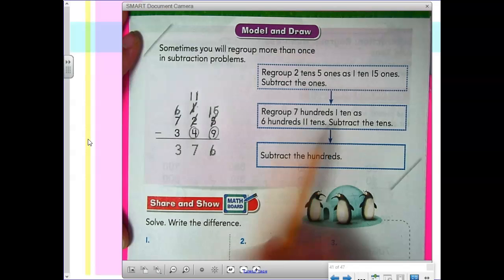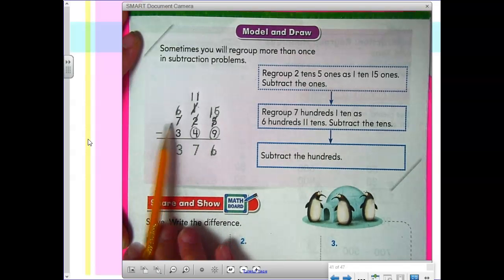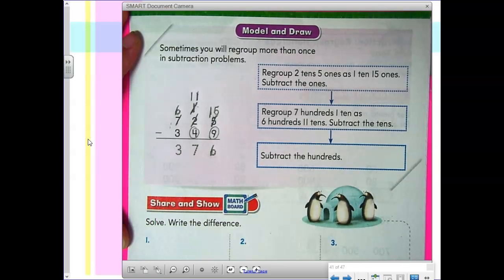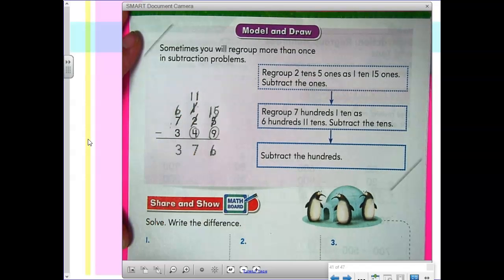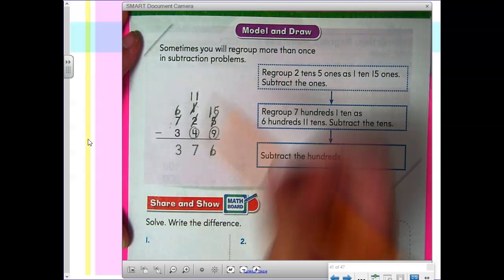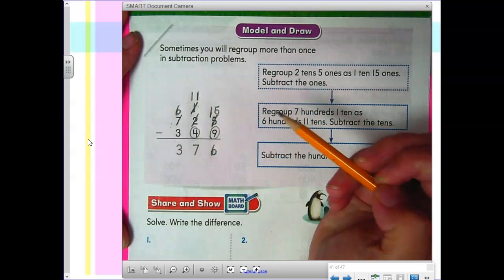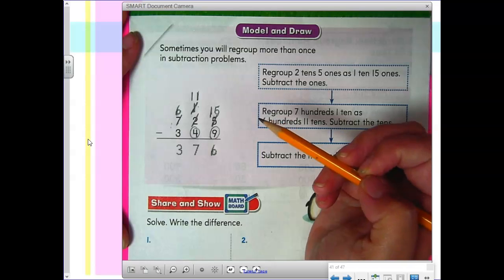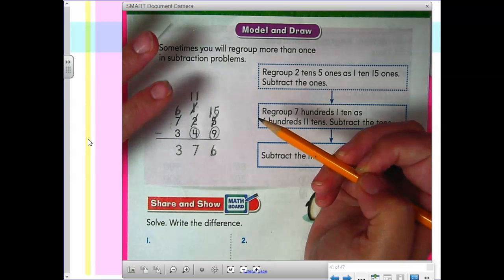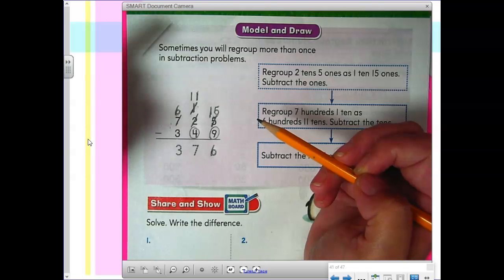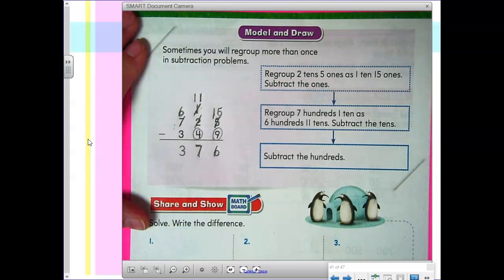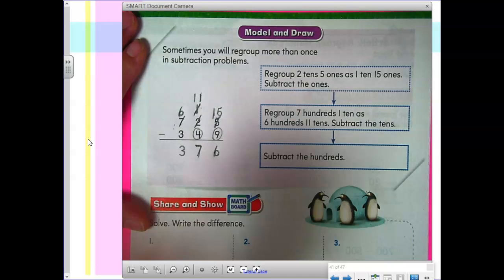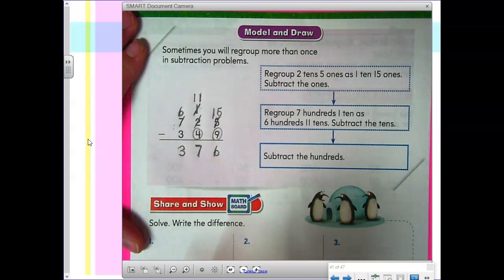So regroup 700s as 110 and 600. So 600s, 110. So it'll be 11 10s. Now we can subtract 11 minus 4. So 11, 10, 9, 8, 7. Now we can do our hundreds place. 6 minus 3 is 3. We subtract the hundreds last.